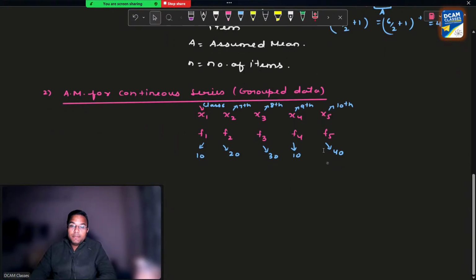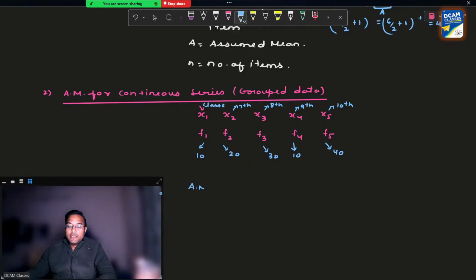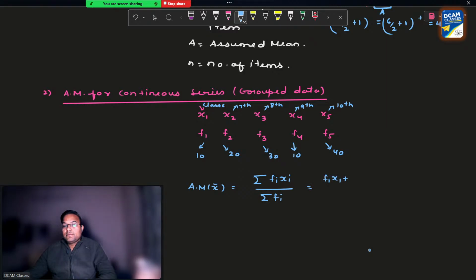Now how to find the mean for this? The arithmetic mean x bar for this kind of data is given as sigma fi xi by sigma fi, meaning f1 x1 plus f2 x2 plus f3 x3 plus f4 x4 plus f5 x5, whole divided by all the frequencies, f1 plus f2 plus f3 plus f4 plus f5.